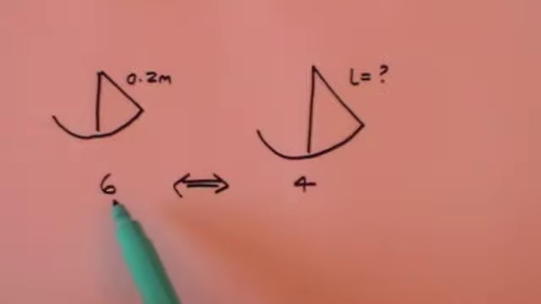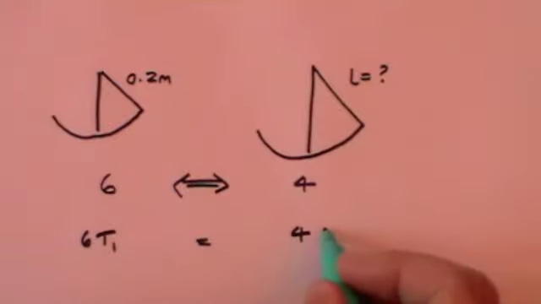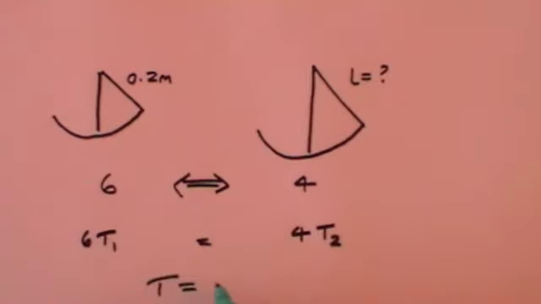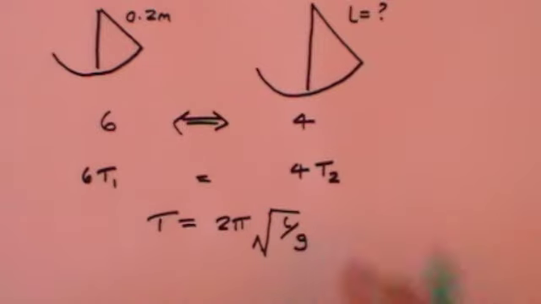So let's say that the time period for this is t1, then 6 lots of 1 cycle for this is equal to 4 lots of the cycle for this. We'll call that t2. And we know that for a pendulum, the period of oscillation is 2π times the square root of L over g.